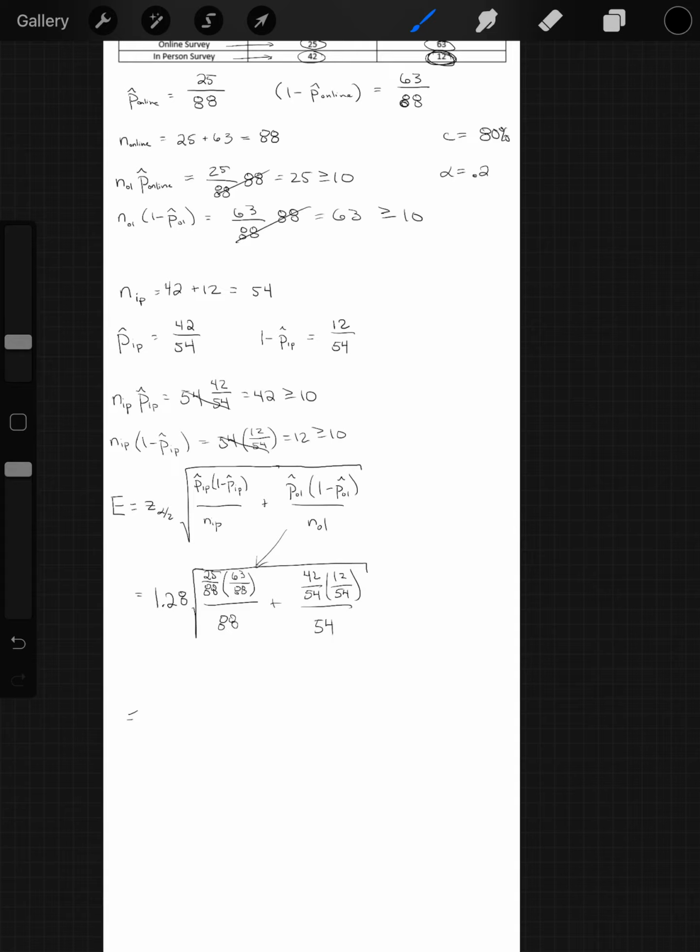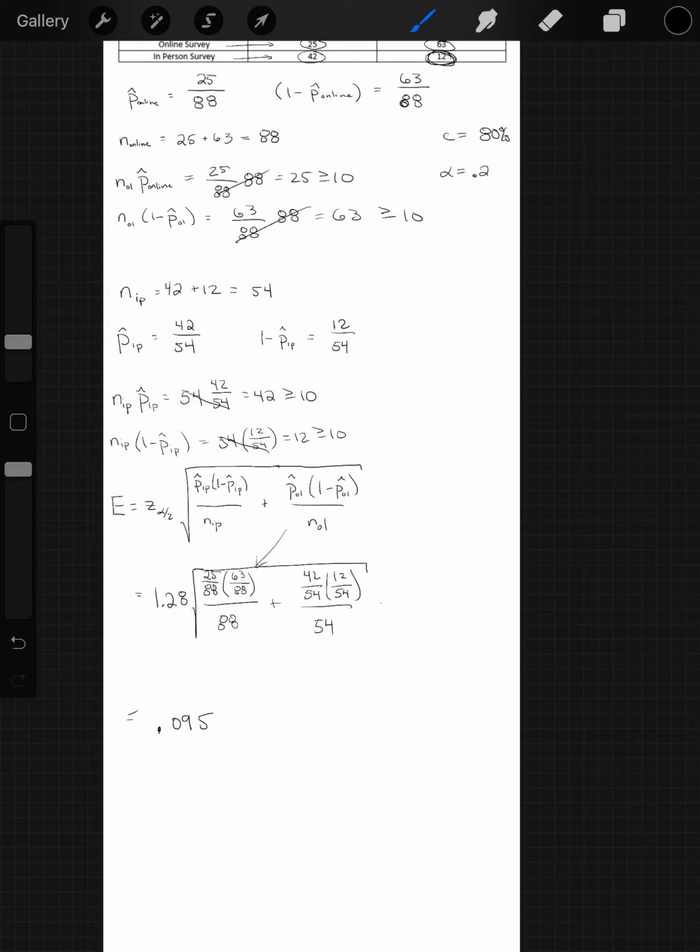These are tricky to plug in to my calculator. It helps when I don't have leftover junk. Okay. So this is 0.095, right? And that's the right type of number that we're looking for.